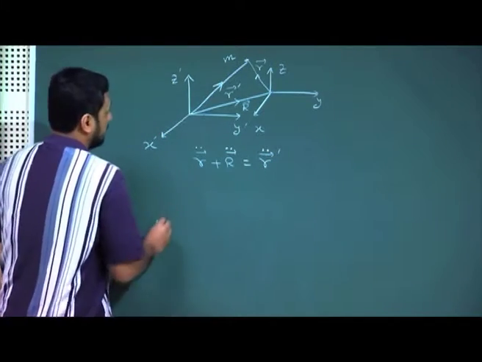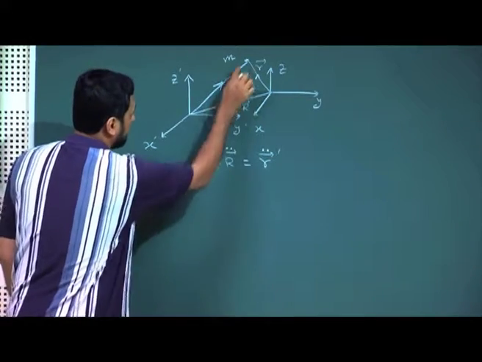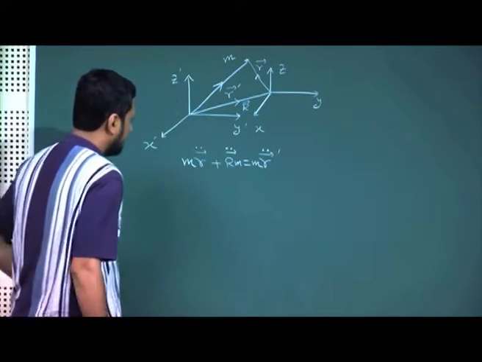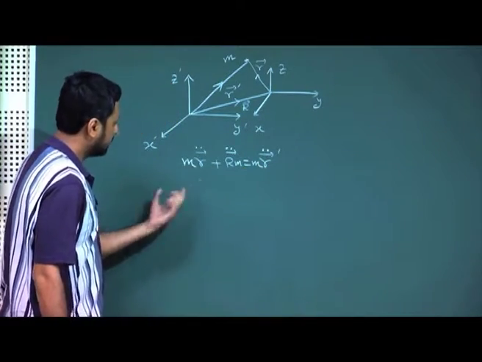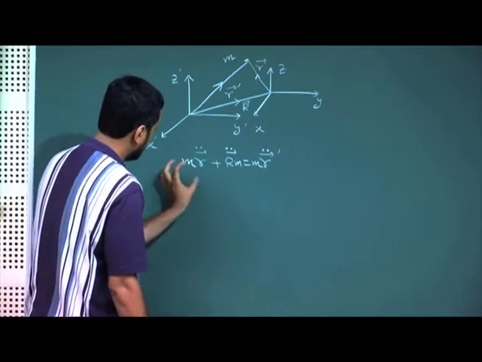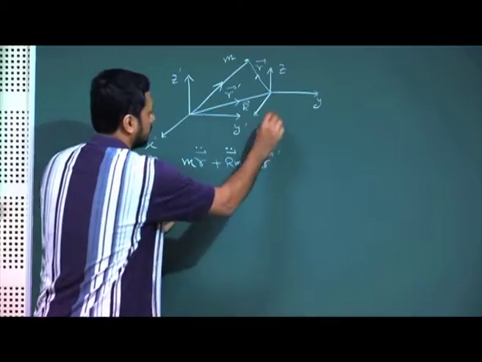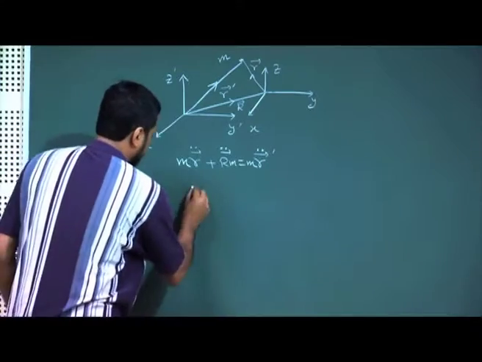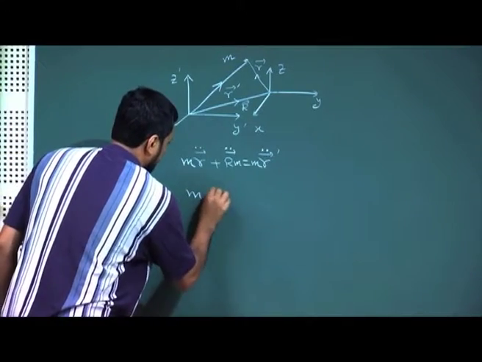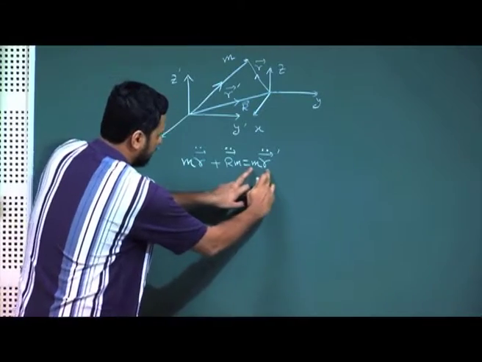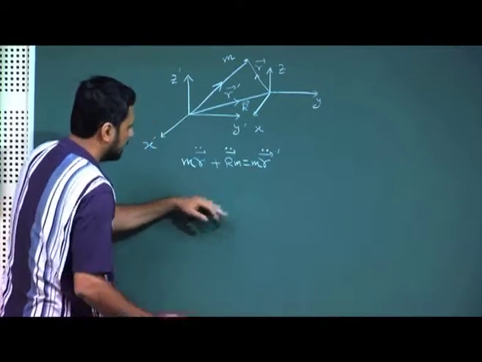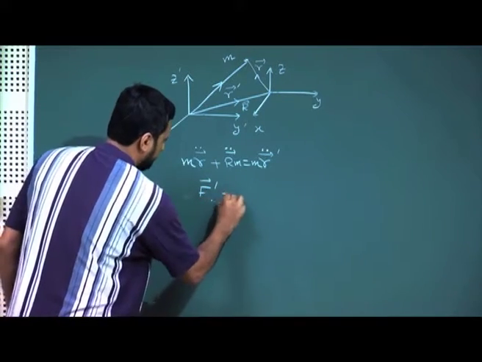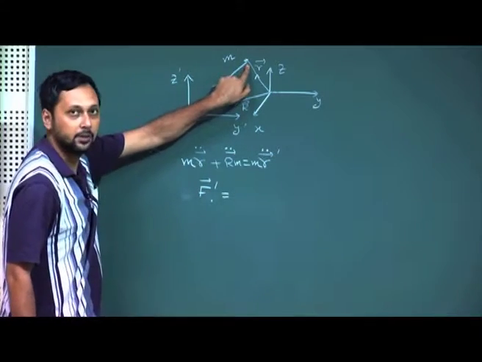Now, if we multiply this with the mass of this object m on both sides, so this is the acceleration which is measured with respect to this particular frame. So, let us say this frame is moving with respect to this frame, this is fixed and this is moving. So, we see that m r prime double dot is the force which is measured with respect to this primed frame acting on this particular object.